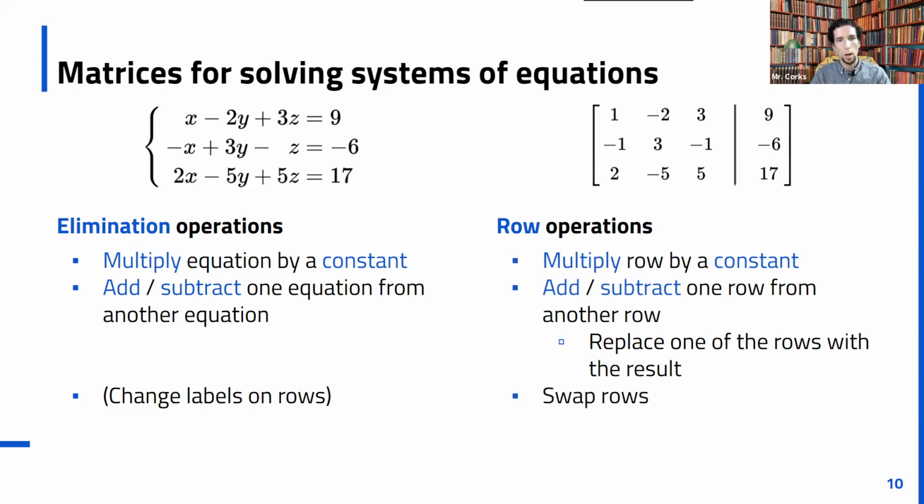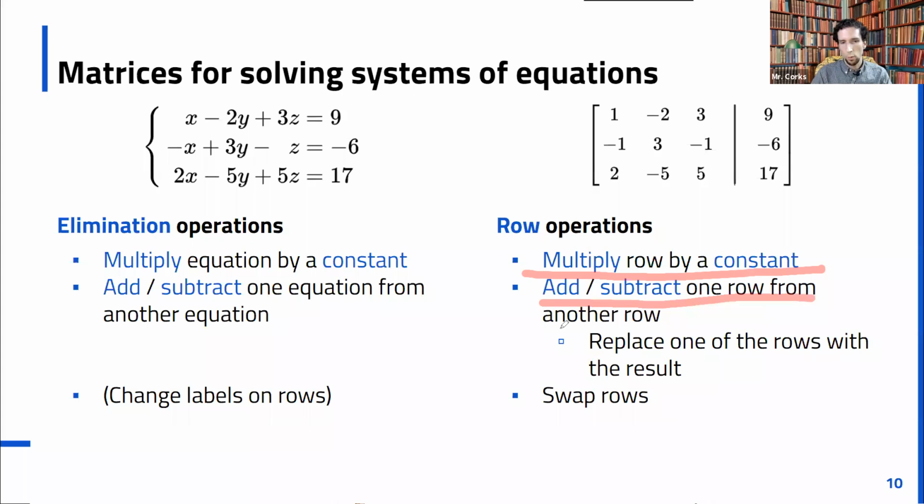So these are the 3 operations that we just finished doing. Multiply any row by a constant is fine. Adding and subtracting one row to another row is fine. When we do that, we will replace one of the rows in our matrix. We don't make the matrix bigger each time.